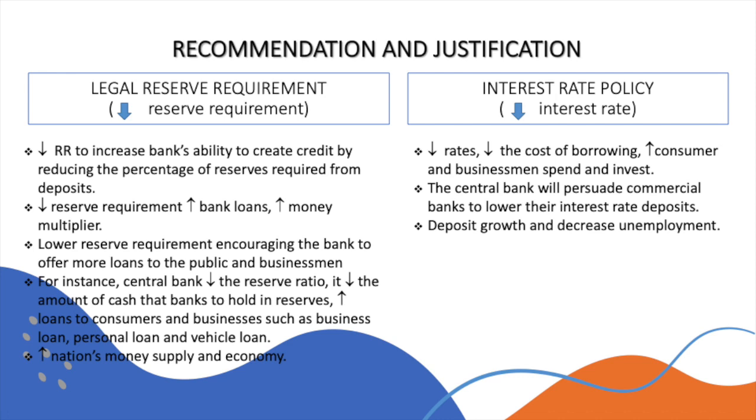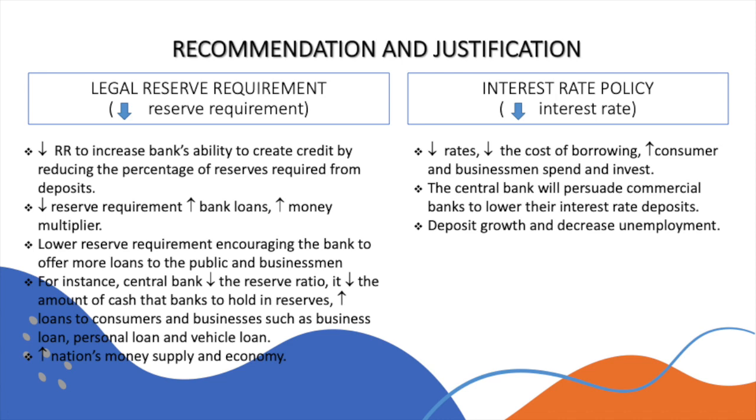A decrease in reserve requirement would free up money for banks to make more loans and would increase the money multiplier. This causes the money supply to increase. Hence, lower reserve requirement encourages the bank to offer more loans to the public and businessmen.